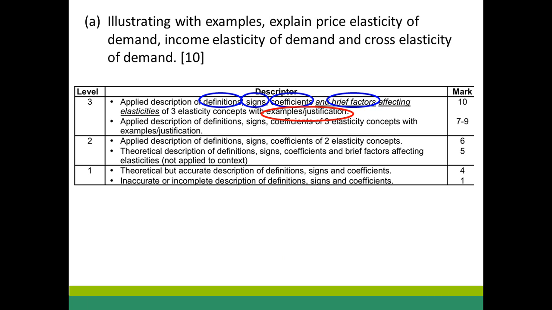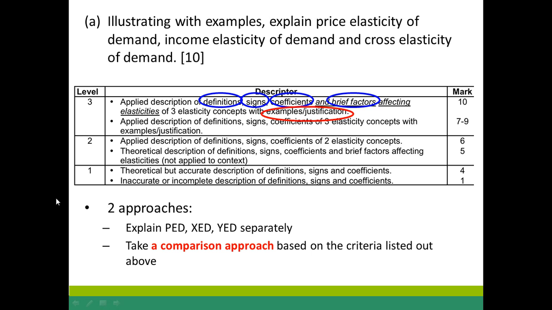Okay, so basically there are two ways that you can go through this question. One way is to explain in separate paragraphs, each of the paragraphs covering each of these four points. The other way, which I will take in this review, is to use a comparison approach, meaning I will organize my essay based on these categories like definitions, signs, coefficients, etc. And within each of these categories, for example the signs category, I will talk about PED, XED, YED.